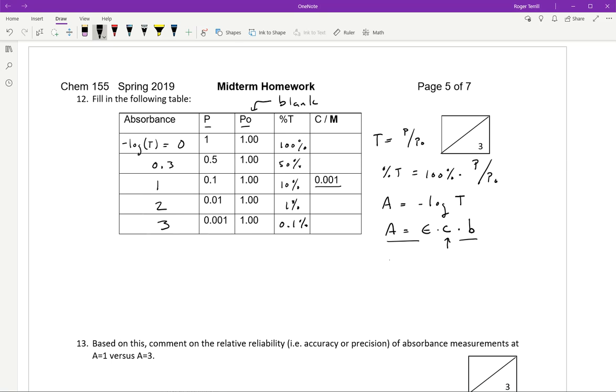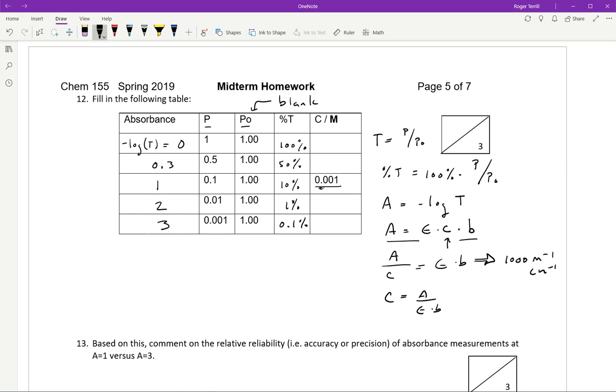So A over C is equal to epsilon times B. So therefore, epsilon B is equal to 1,000 units of molar per centimeter, right? So now the concentration is going to be equal to A over epsilon times B, right?